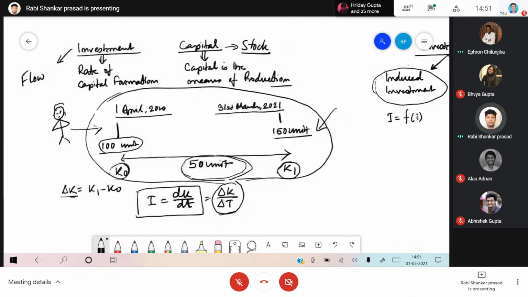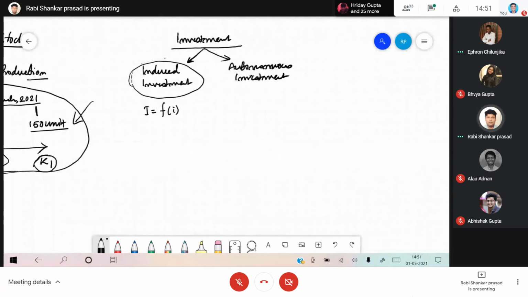Okay, thank you. Now, when we discuss investments, you can divide investment into two major types that we generally discuss. One we say induced investment and one we say autonomous investment. Clear? Induced investment means the investment which depends on some factors.